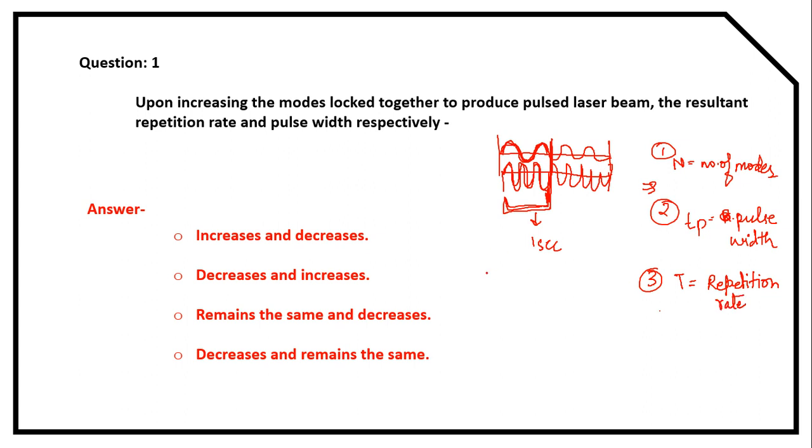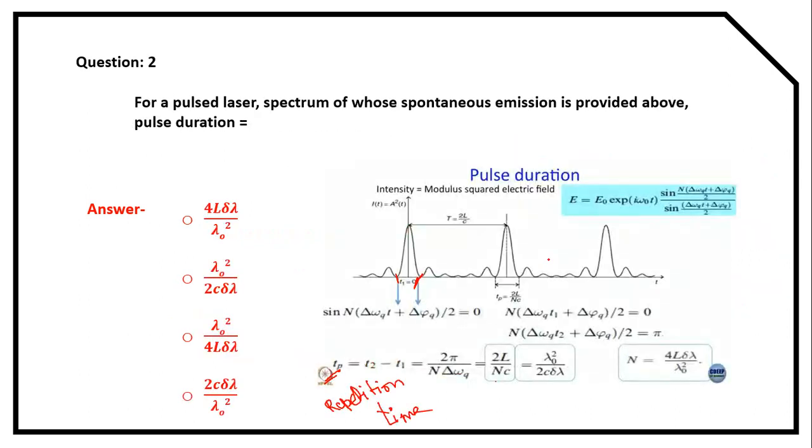Now, from the module, what we have studied, there are two relations. The first one is with Tp, the pulse width. It will be clearer if we see this diagram. In this diagram, this portion is where the intensity of the laser beam exists. That particular time is the pulse width.